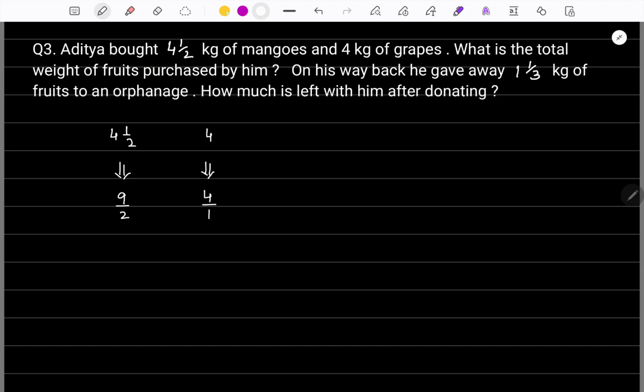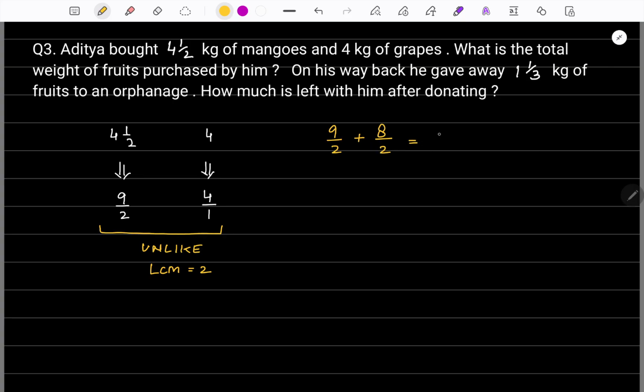Now these two here are unlike fractions. To convert them into like, we need the LCM. The LCM is equal to 2. Now we convert these into their equivalent forms. So 9 by 2 will remain as such since its denominator is already equal to the LCM. Then we keep the sign of addition and we write 8 by 2.